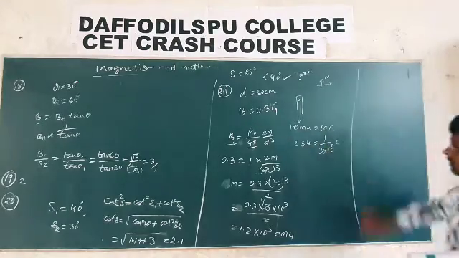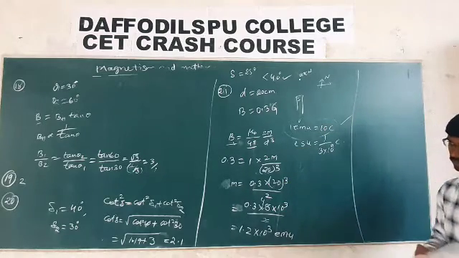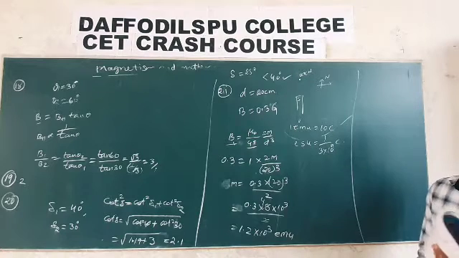Now let us calculate. 10 power minus 7 goes under as plus 7, giving 10 power 3.